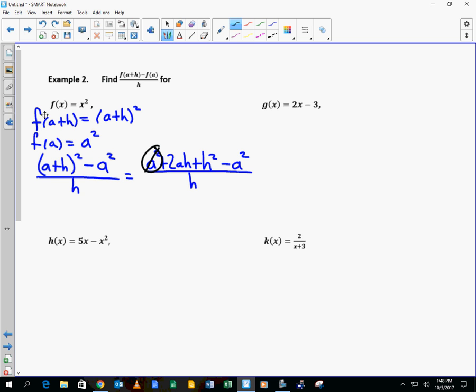The a squareds cancel. What can you factor out of the top? h times 2a plus h, divided by h. H divided by h is 1. So we're left with 2a plus h. That's my answer.